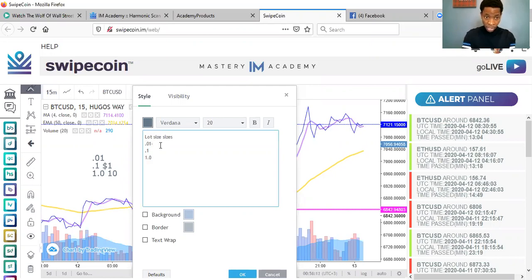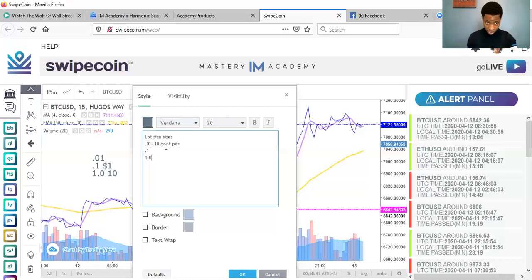So 0.01 means it's 10 cents per pip or point. Pretty much, the pip, I call it a point to make it easy for you guys. It's like how we look at time: time is represented in minutes and hours, but what we use is either pips or points.